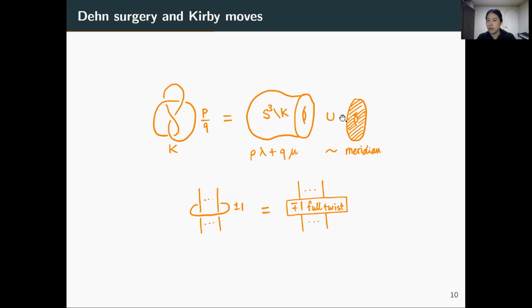Basically, we glue the meridian of this solid torus to p times the longitude plus q times the meridian of this knot complement, and the resulting closed 3-manifold is called the p over q Dehn surgery along the knot K.